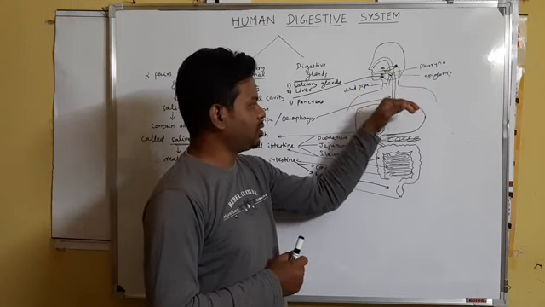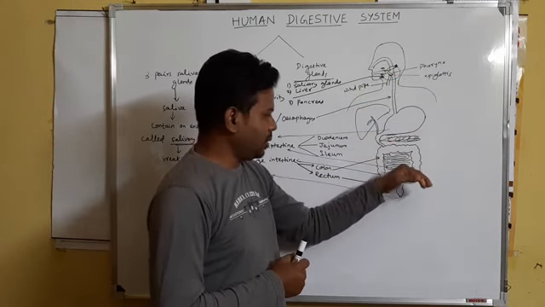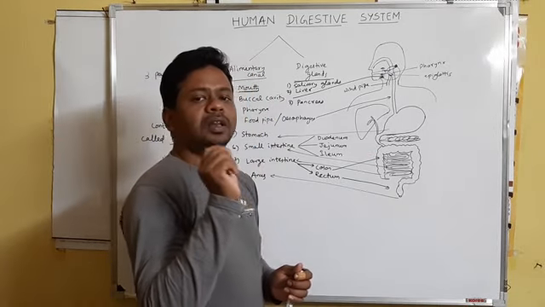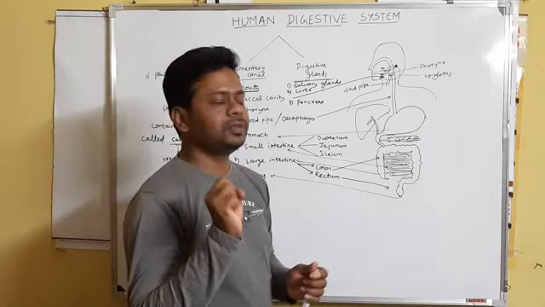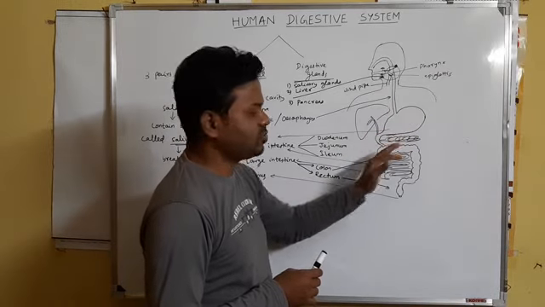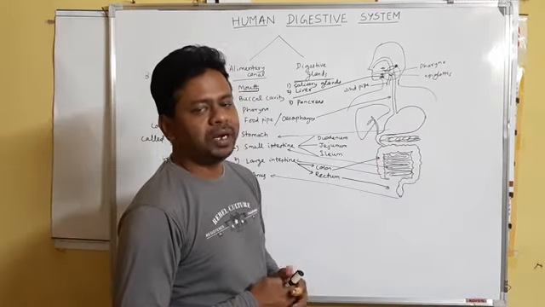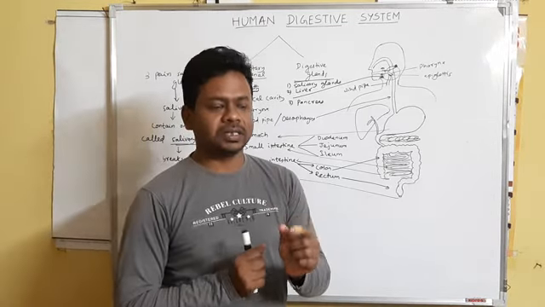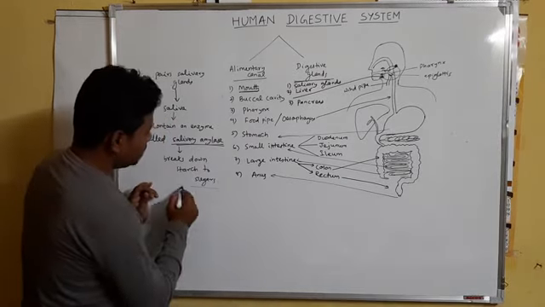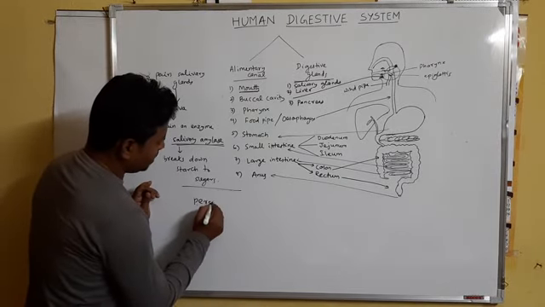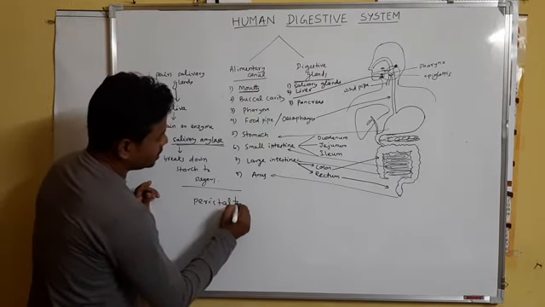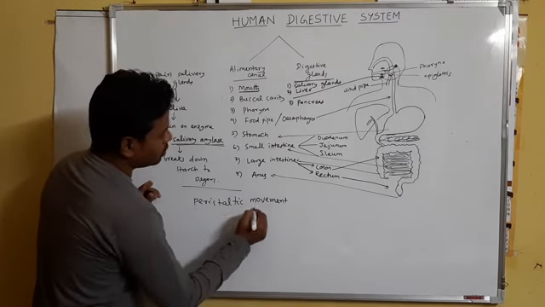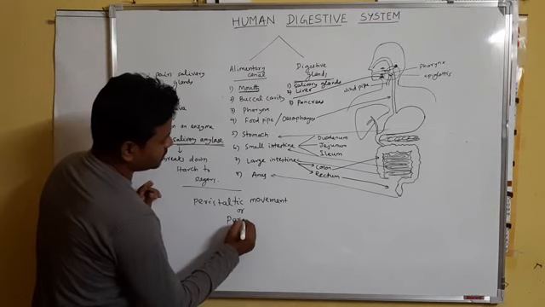Not only the food pipe, actually, the food travels through all the parts of the alimentary canal by a special contraction of the muscles present in the alimentary canal, and that type of movement is called peristaltic movement or peristalsis. So students, that word I am telling, peristaltic movement or peristalsis.